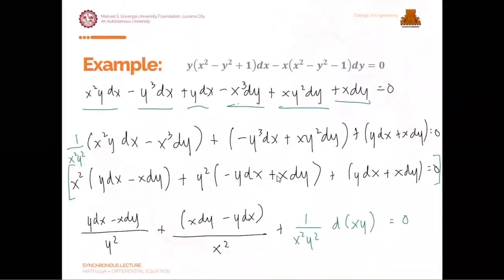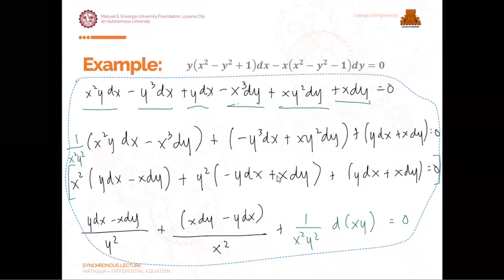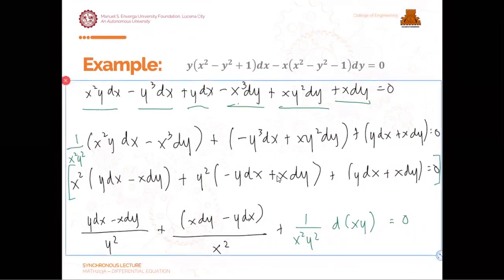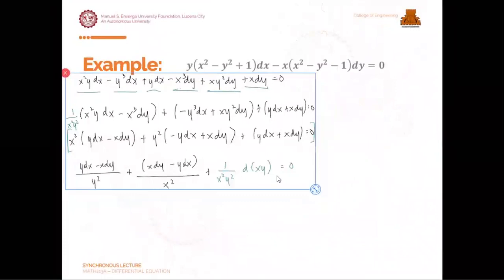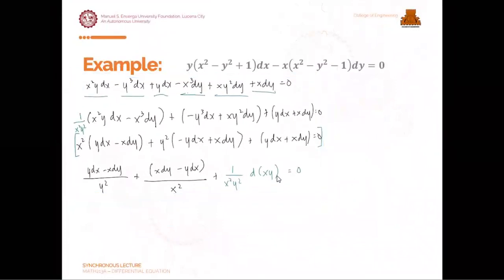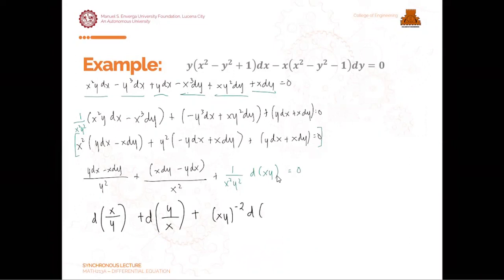So, now, reduce ko lang muna. Okay, so this will be the derivative ng x over y, plus dito yung y over x. By practice lang siguro, tsaka kayo magiging familiar dyan. Then ito will be pwede natin gawin xy negative 2 d(xy), no?